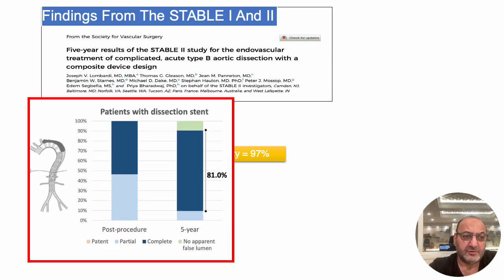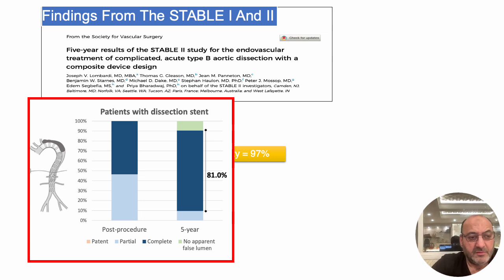When you look at false lumen thrombosis immediately post-op, close to 50% of these patients had complete or partial thrombosis.